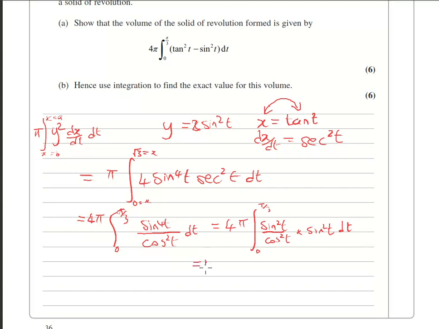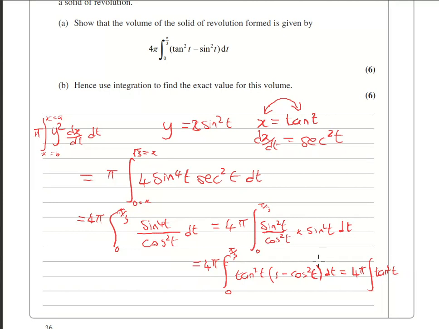And what does that give me? That gives me tan squared t times sine squared t, but sine squared t is of course 1 minus cos squared t. Now we're almost at the answer, because if I times tan squared t by 1, I get tan squared t.